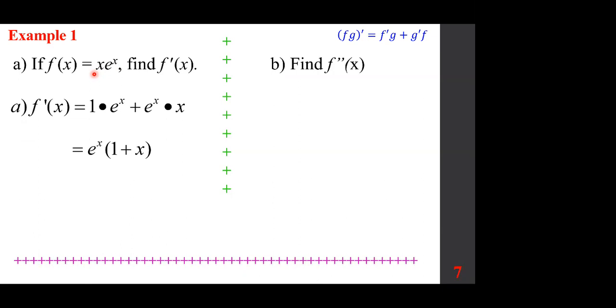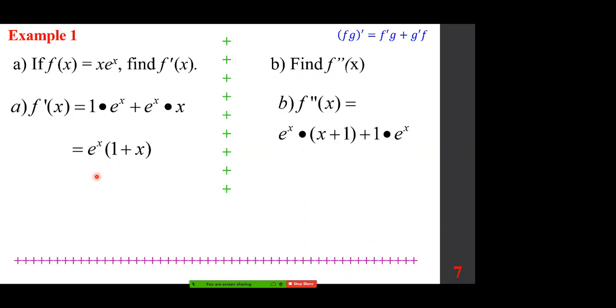Now, I want to differentiate it again, okay? I want to differentiate it again. So, again, let's use the product rule. The first piece is e to the power of x, so the derivative is itself times 1 plus x, plus the second piece is a parenthesis that gives us 1 times e to the power of x.